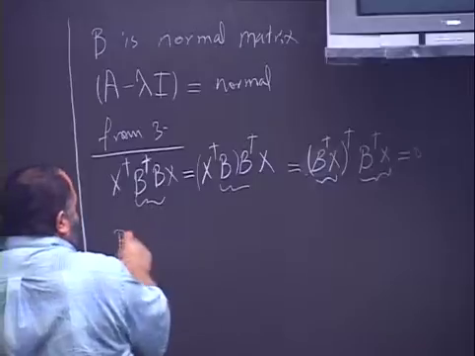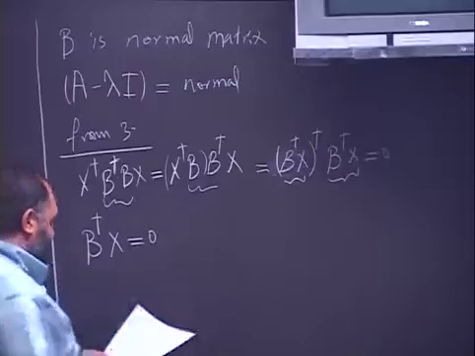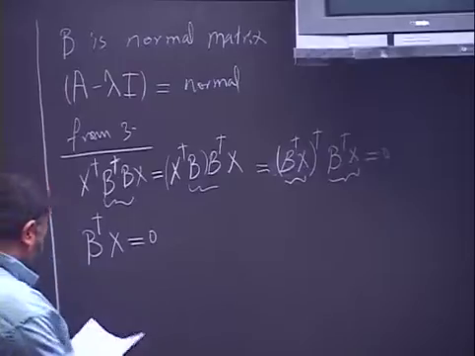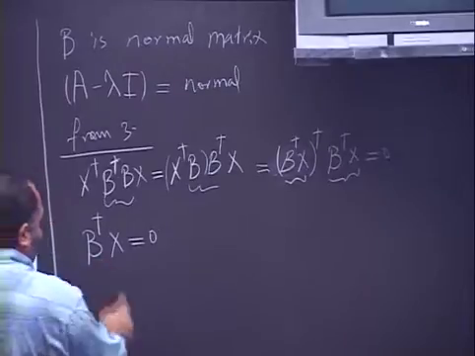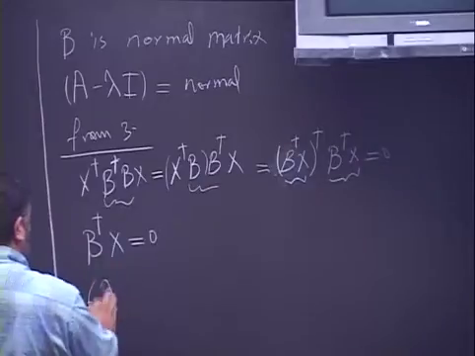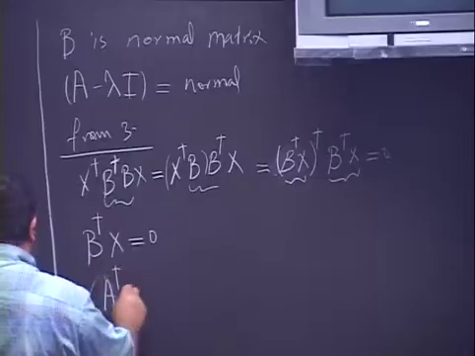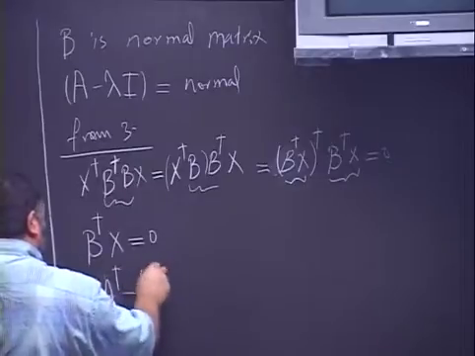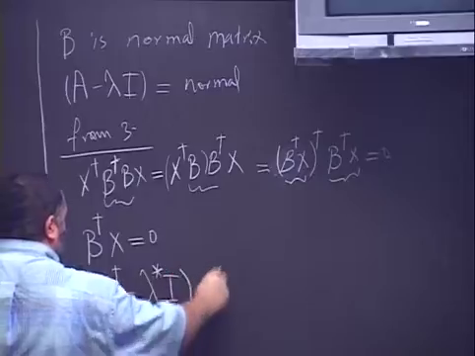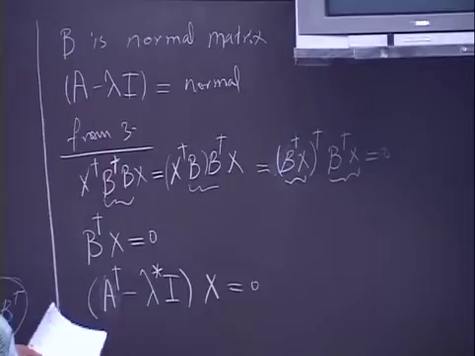So it means that B dagger X itself is equal to 0. And if this is equal to 0, what's B dagger? It's A dagger minus lambda star I operated over X equal to 0.